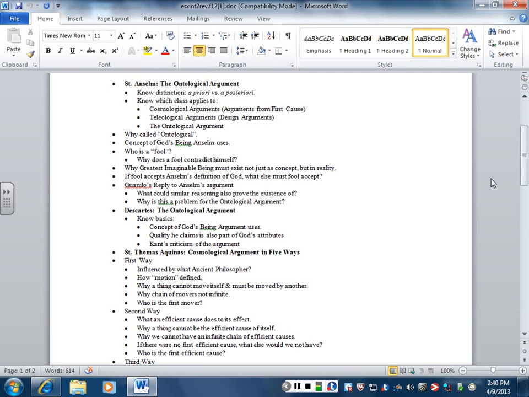Now, of course, there are evolutionary responses that try to account for a complex mechanism like the eye based on things like natural selection. But I mean, this was basically Paley. So design arguments, which we're going to say very little about, are teleological. Now, we spent quite a bit of time on this abstract argument, the ontological argument.